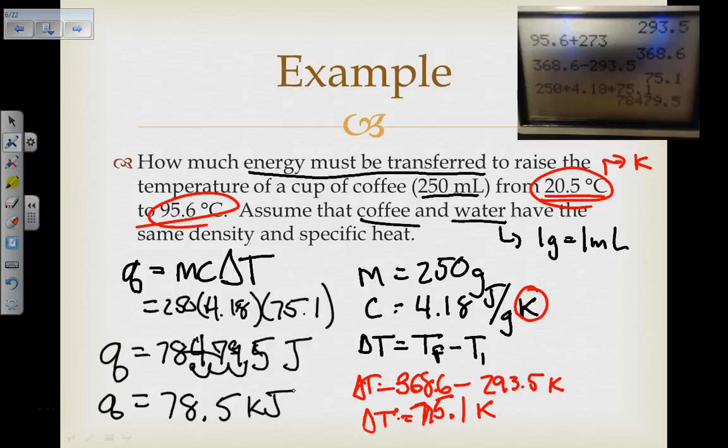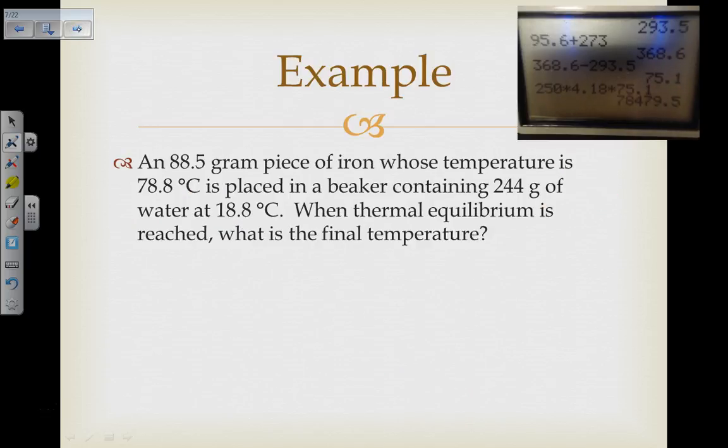Now a second example here is kind of an interesting example, and we have to understand the chemical principle behind it in order to get to the right answer. It says that an 88.5 gram piece of iron has some temperature, and it's placed in a beaker containing some amount of water.